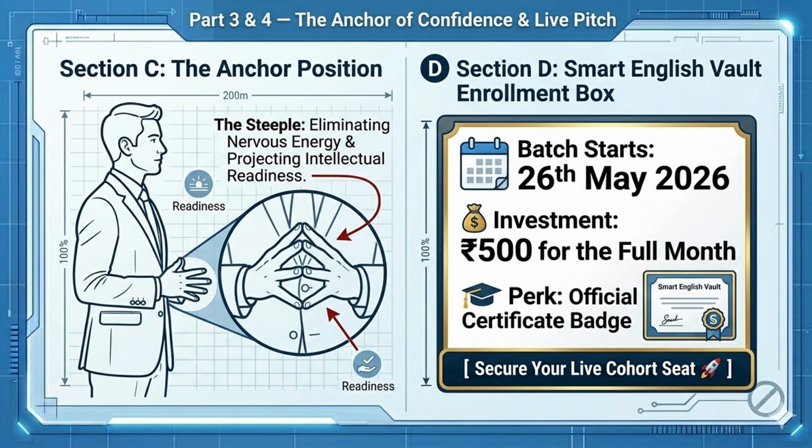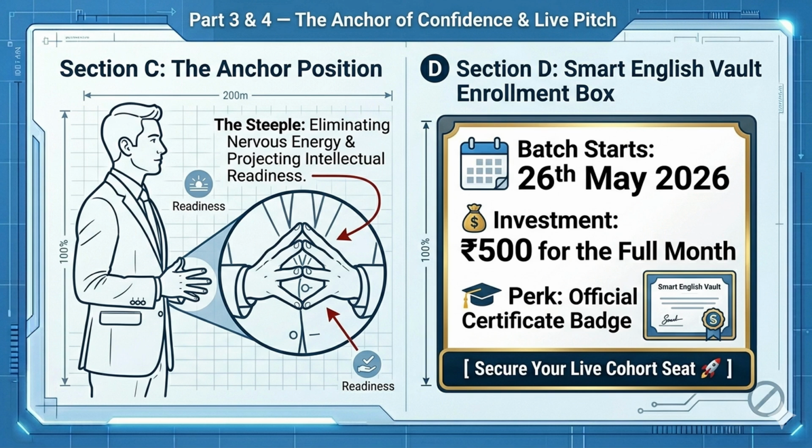Part 3. The anchor of confidence. When presenting answers orally, answering questions during class, debates, or walking into an oral assessment, language mechanics are only half of the battle. Your posture commands the room before your words do. The technique, the anchor gesture: bring your hands together naturally at the chest or waist level, lightly touching your fingertips together to form a steeple shape.